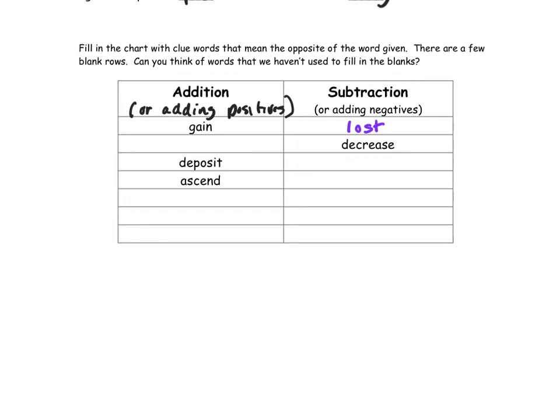The next word is decrease, which we can see is negative or subtraction. So the opposite of that would be the word increase. The word deposit means that we're adding to an account, and withdraw would be taking out of the account.